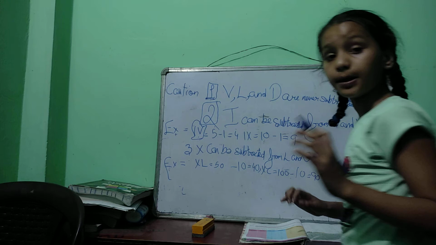XL stands for 40. XC stands for 100 minus 10, and XC stands for 90.